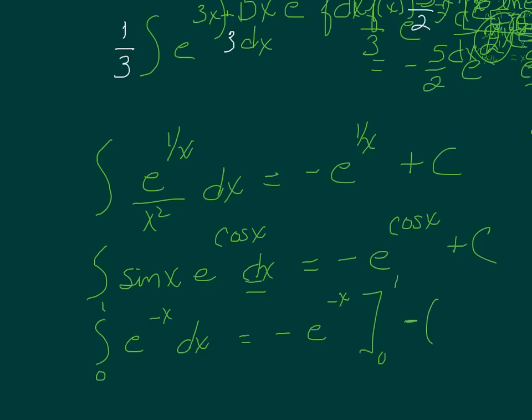So we have e to the negative 1 minus e to the 0. Anything to the 0 is 1. So we have a negative 1 over e minus 1. That's an exact answer, and then you could get an approximate answer from your calculator.